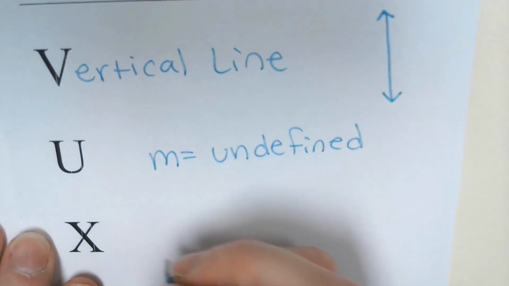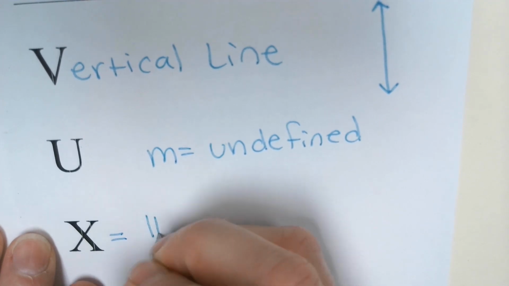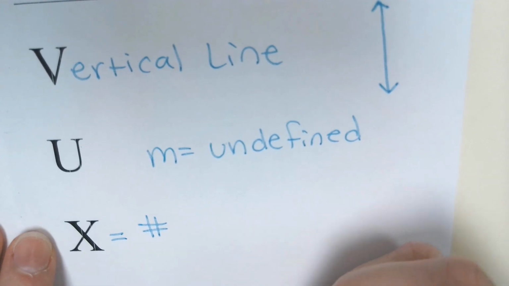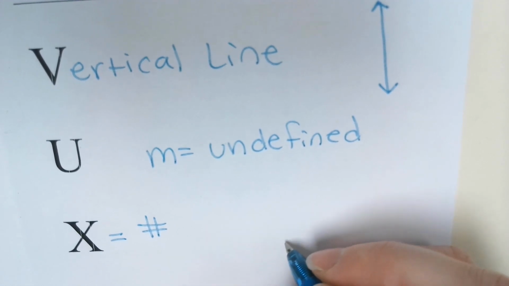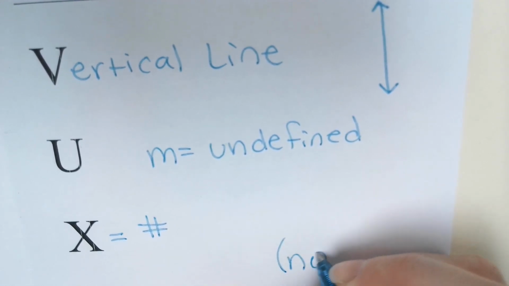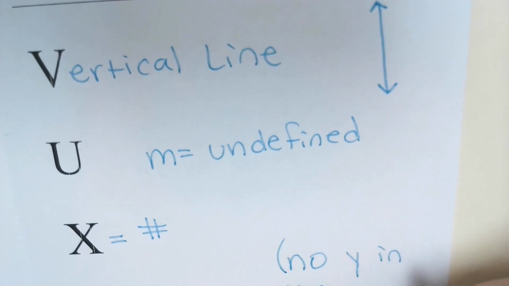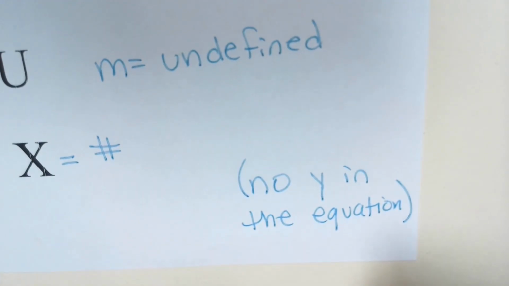And then your equation is going to be x equals some number. So there will be no y value in the equation. No y in the equation. So in our calculator, we actually can't put it into y equals.